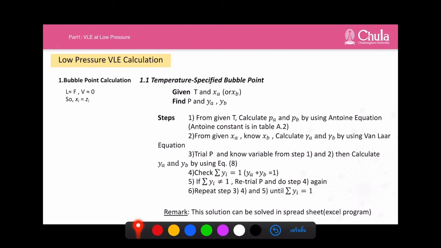Also, because we have the liquid phase, we know the mole fraction of the liquid phase, and we want to know the mole fraction of the vapor phase. So our unknowns are pressure and y.